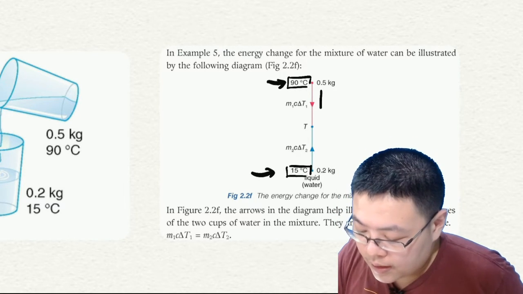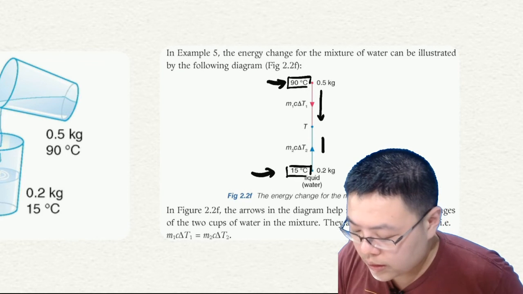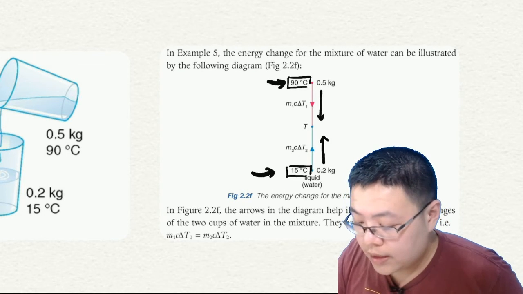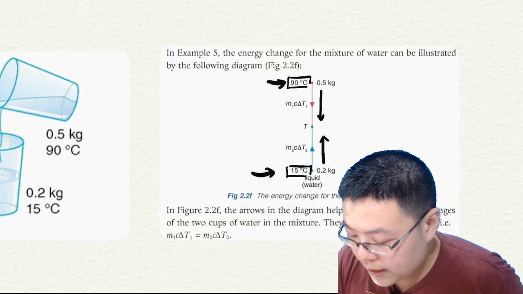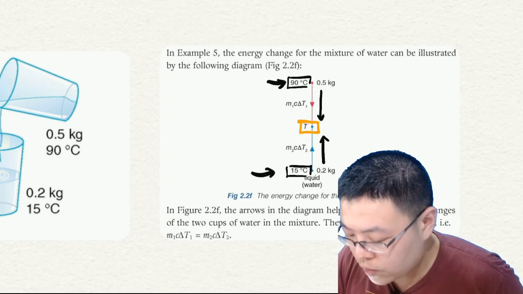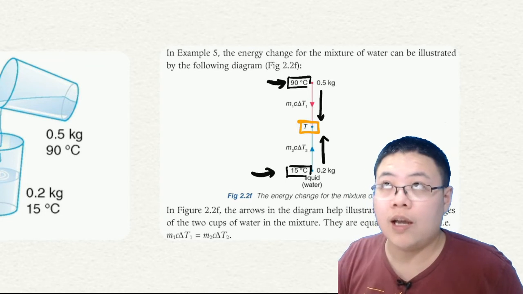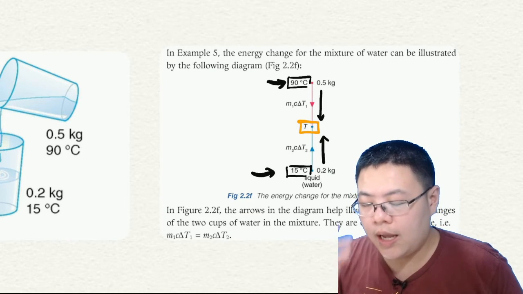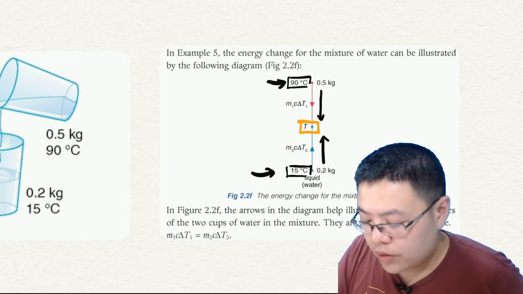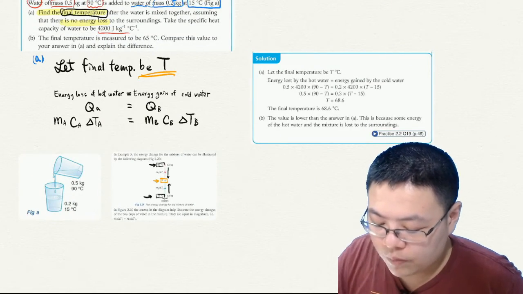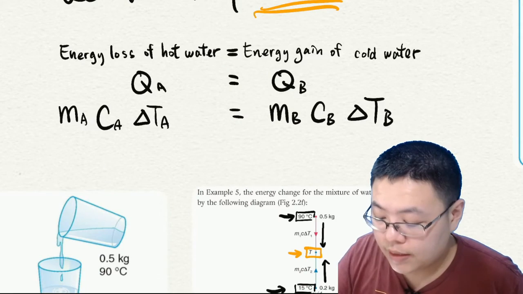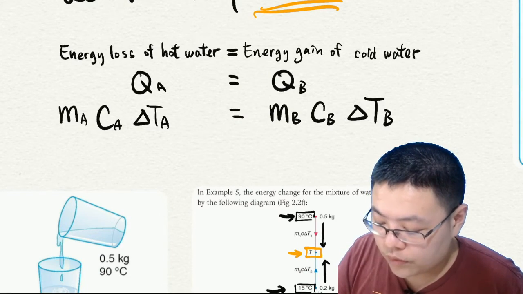At the end, due to energy loss and energy gain, these two bodies will arrive at a mutual temperature when they reach thermal equilibrium. When we let this temperature be T, we can calculate. How, you would ask?